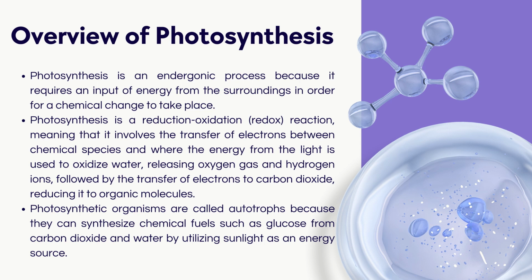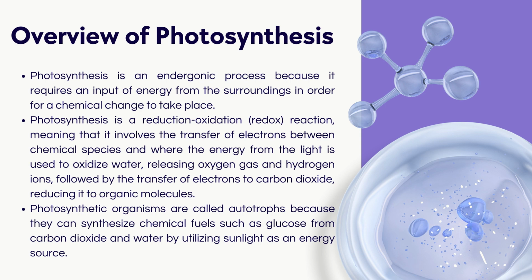The energy from the light is used to oxidize water, releasing oxygen gas and hydrogen ions, followed by the transfer of electrons to carbon dioxide, reducing it to organic molecules.